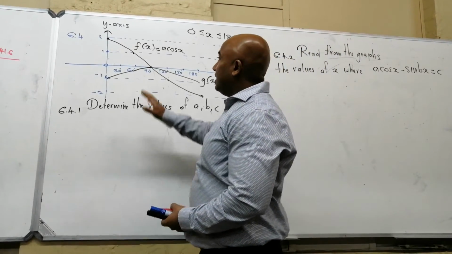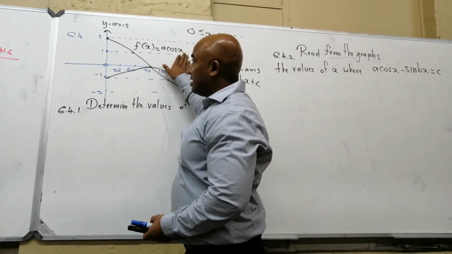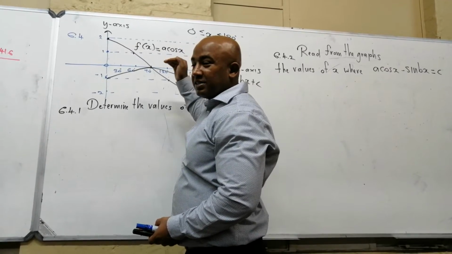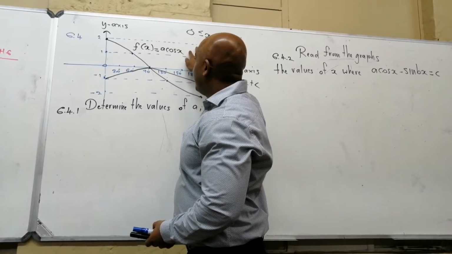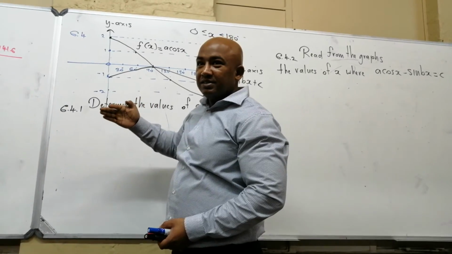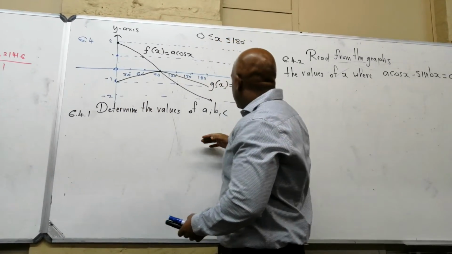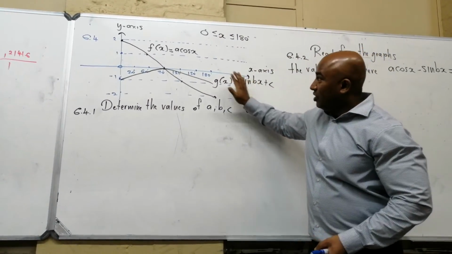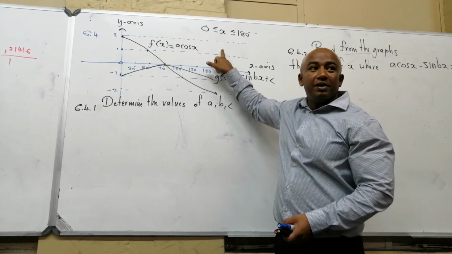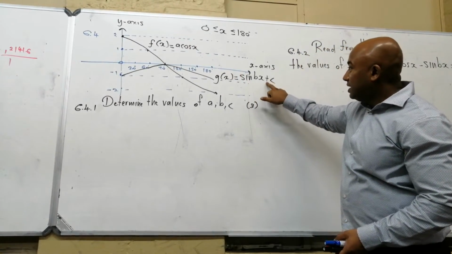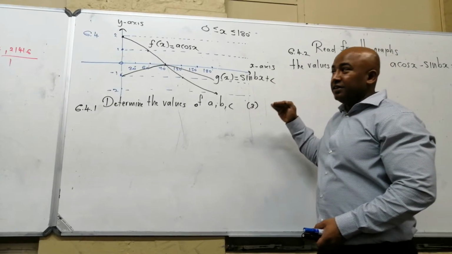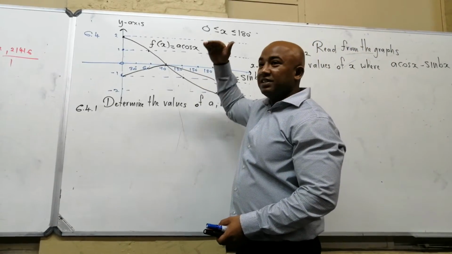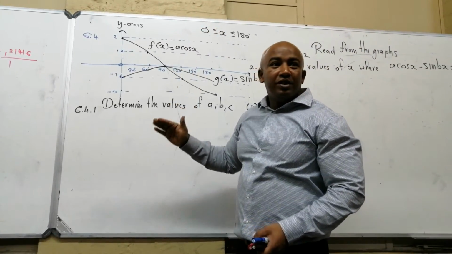Okay, why? Because you are told that this is a cos graph. It does not have any shift up or down here. Okay, if you see your trig function plus a number, like here, plus a number, then you know now the graph has been shifted up or it could be down.